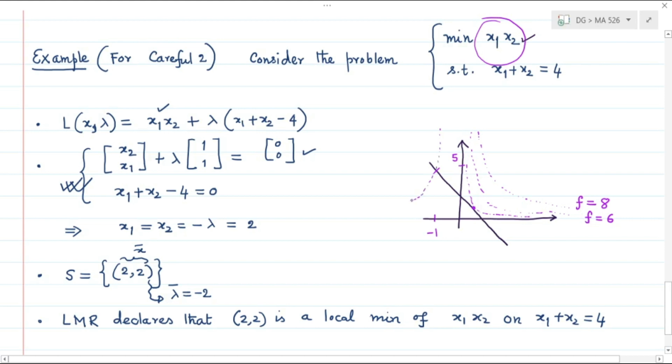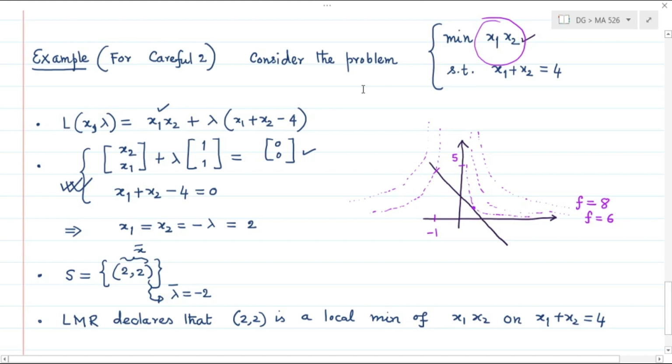And similarly, here is -5. You could go further and you will have much more negative values, right? And therefore we note that on the line x1 plus x2 equals 4, the objective function reduces indefinitely.